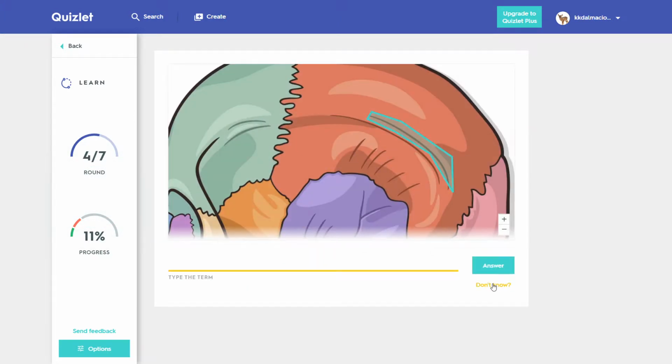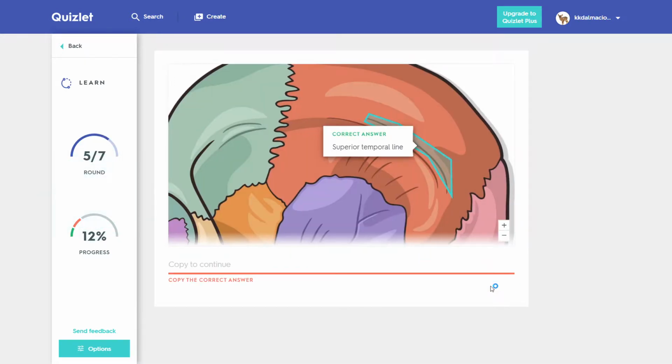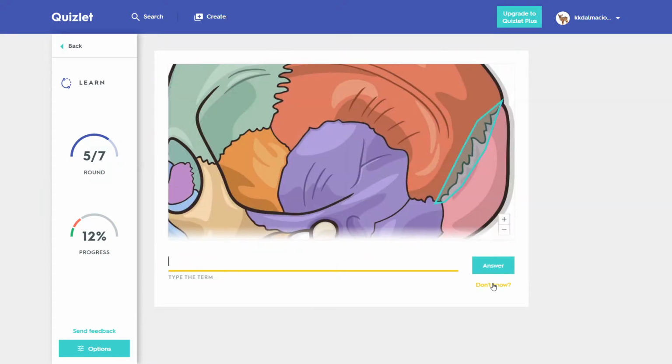Yep. Okay, that looks like a suture. Oh man, I don't think I covered that one yet. Your superior temporal line. Okay, back is lambdoid suture.